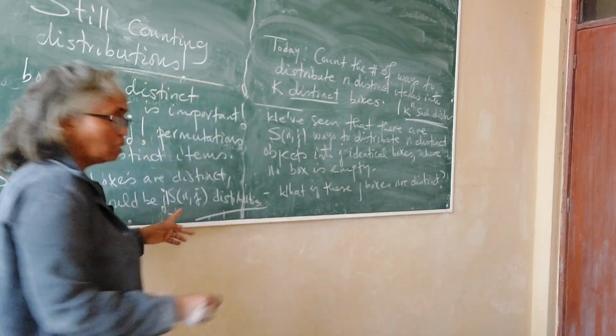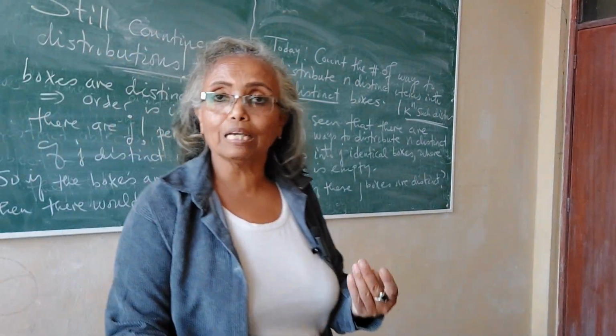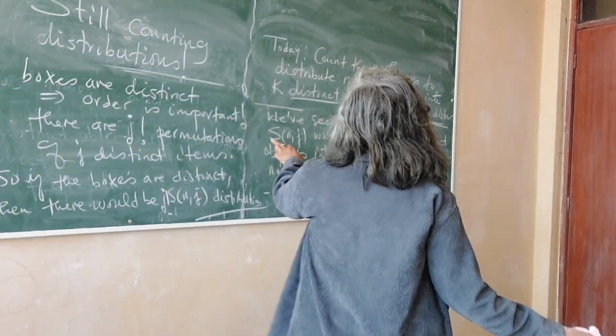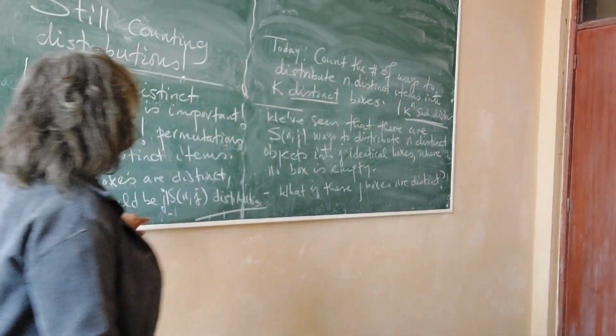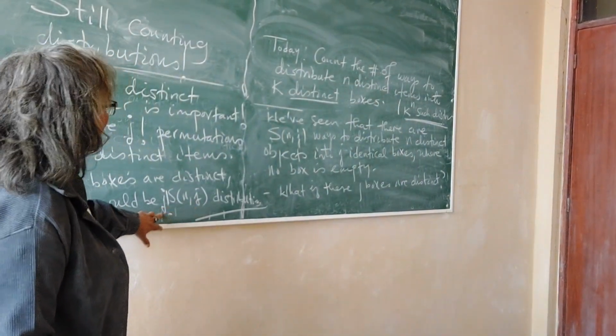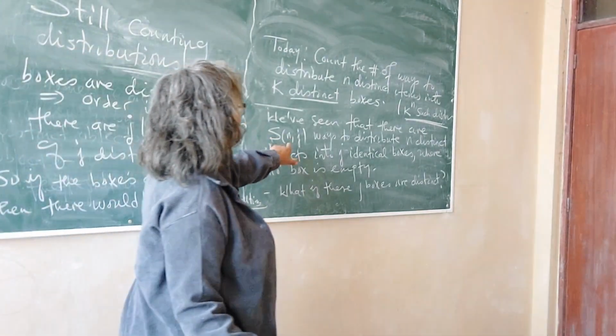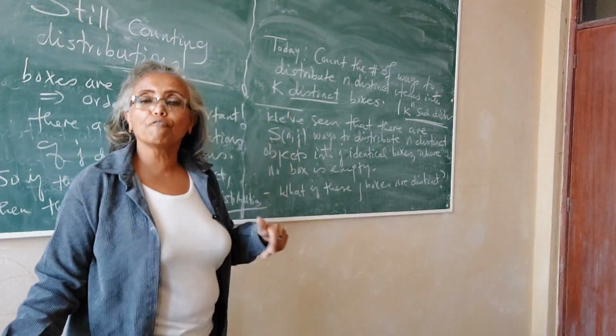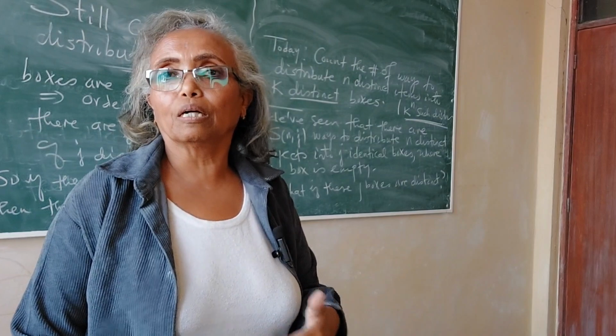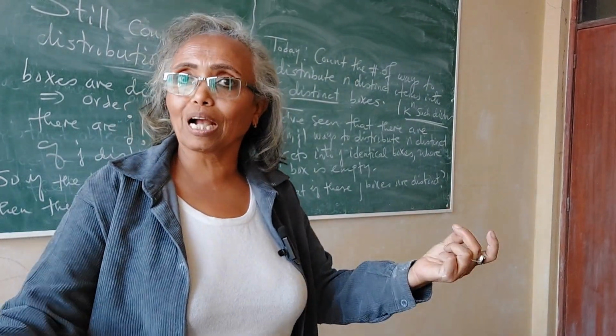You see? The fact that the boxes are distinct means we multiply by j factorial, because for each of these distributions there are j factorial corresponding distributions when order comes into play.